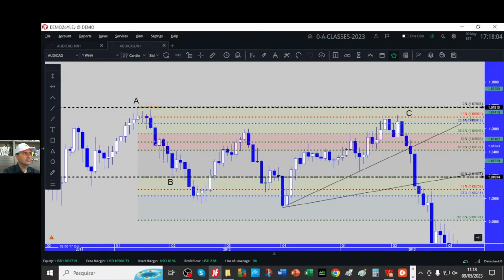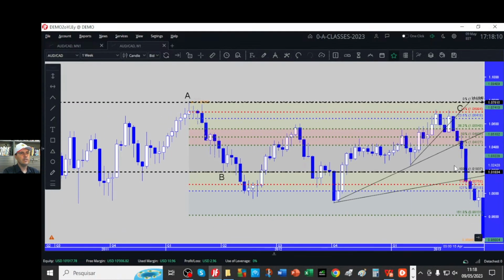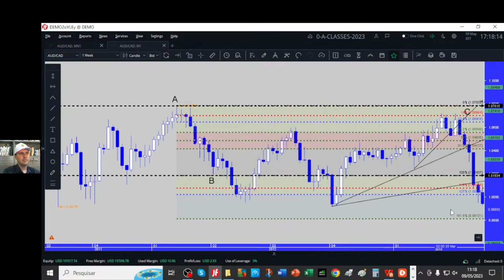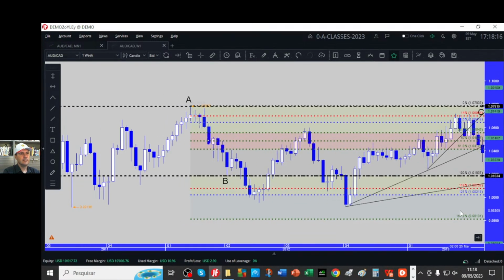Or if I draw another trend line, whatever might be the case, just an example. Where should I profit take? At the green, at the blue, or at the red?